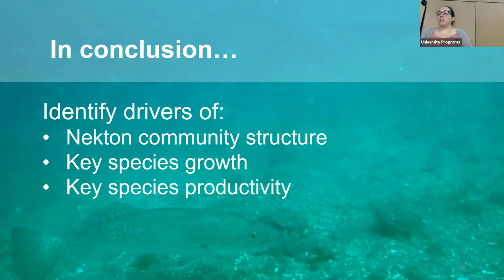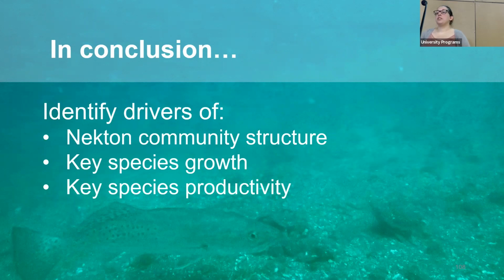So in summary, this dissertation identifies drivers of nekton community structure, key species growth, and key species productivity. And identifying what environmental factors most affect each of these things helps scientists and managers understand the impacts of long-term climate change on our local nekton. So not only will this work identify environmental drivers, but it will also create predictive models of growth and productivity, again, to hopefully aid in management decisions.